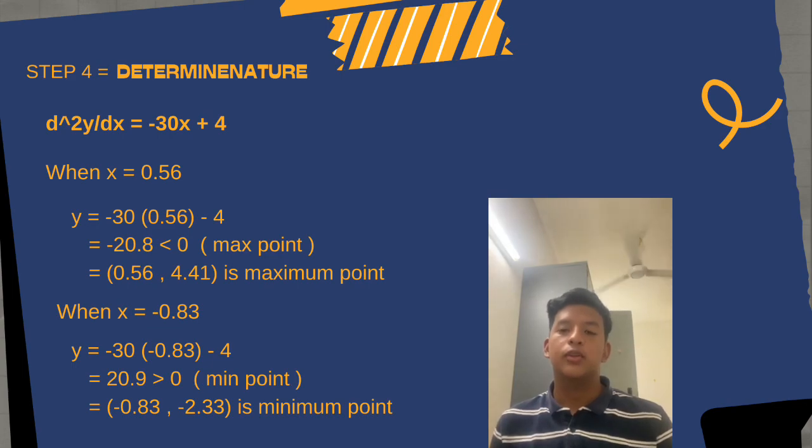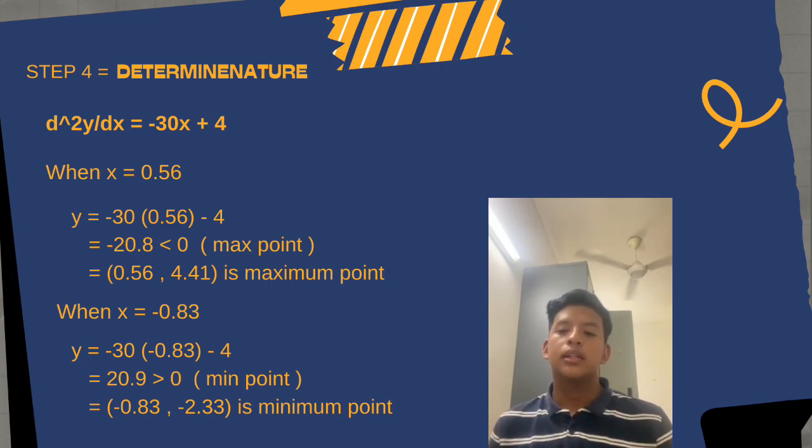Okay, step 4, determine the nature. d²y/dx² = -30x + 4. When x = 0.56, it is -30(0.56) - 4, which equals -20.8, smaller than 0, so (0.56, 4.41) is a maximum point.